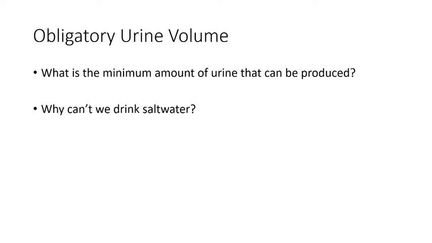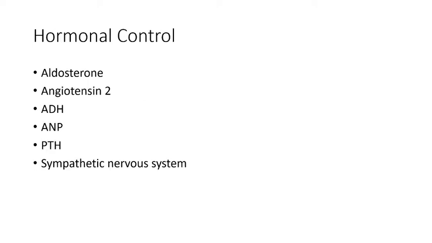But actually it dehydrates you, because when you drink a litre of seawater, you've got the 1200 milliosmoles of solute within that seawater that needs to go, but you still have to get rid of the 600 that you were getting rid of already. Therefore, for each litre of seawater that you drink, about a litre and a half of urine also needs to go. So that's why it's a bad idea.